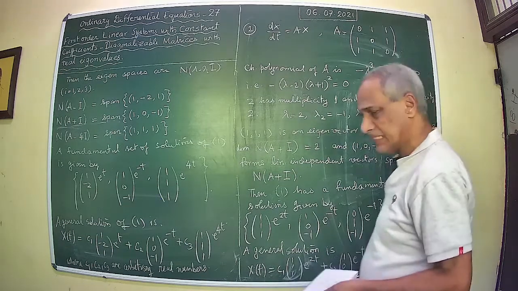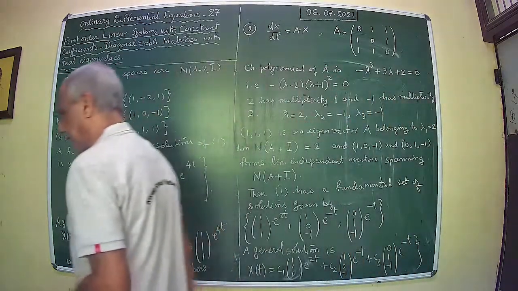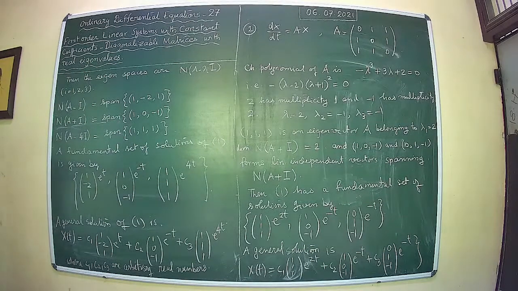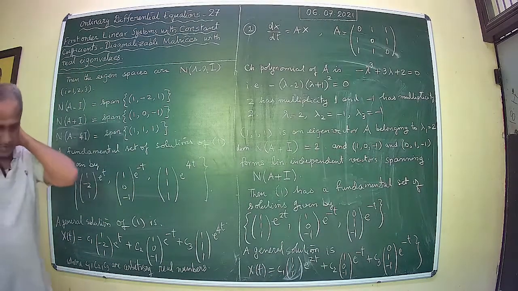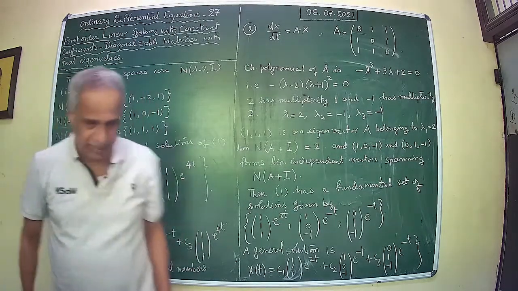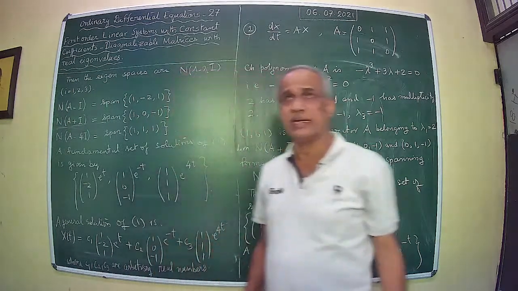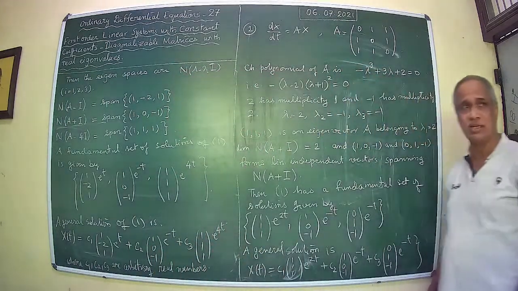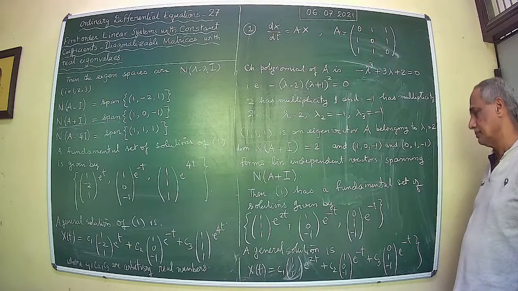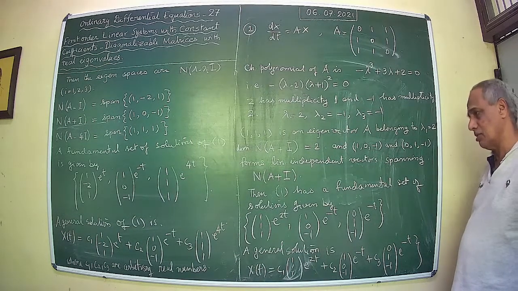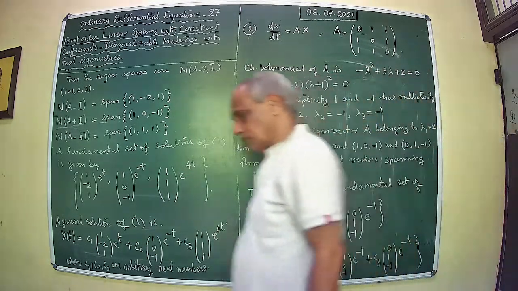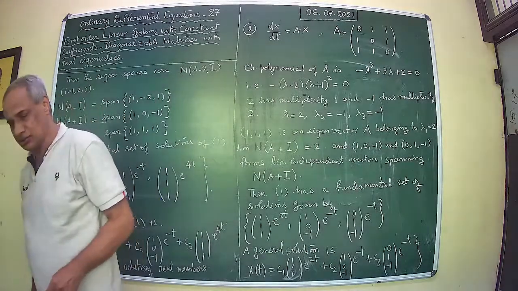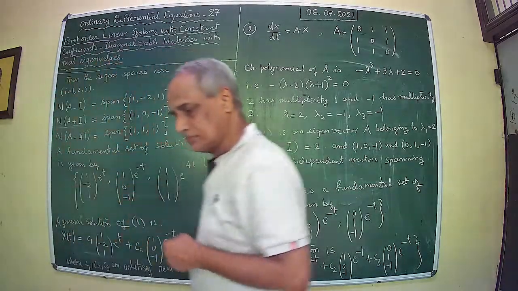In this context, you should also remember that if a vector x is an eigenvector of A belonging to the eigenvalue lambda, then any scalar multiple of that is also an eigenvector, whenever that scalar is not equal to 0. So that goes without saying.